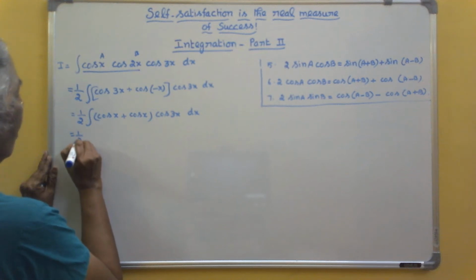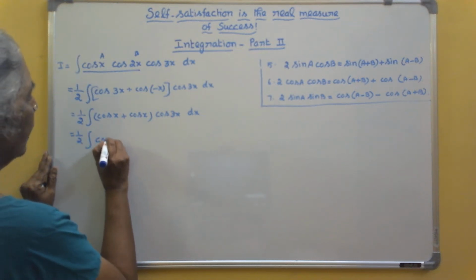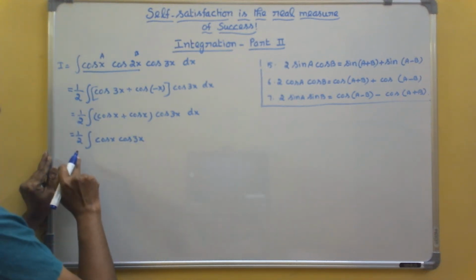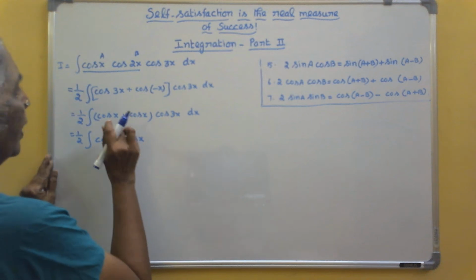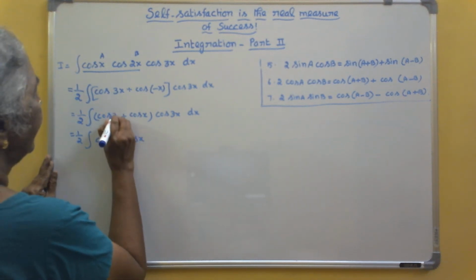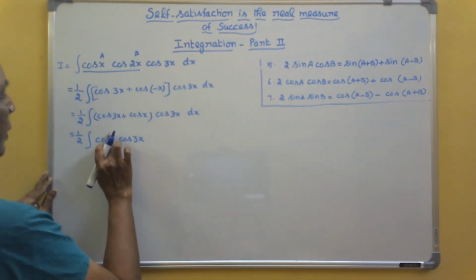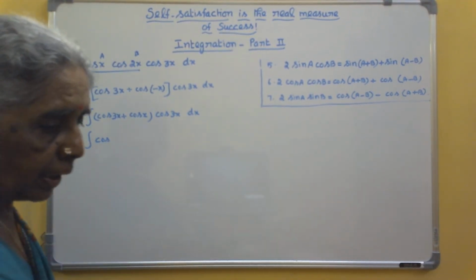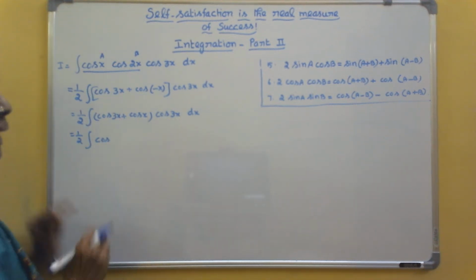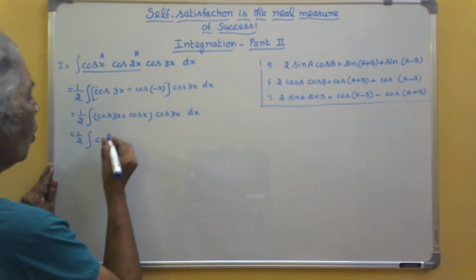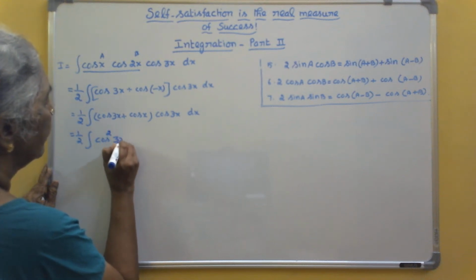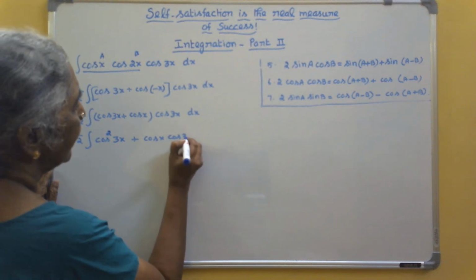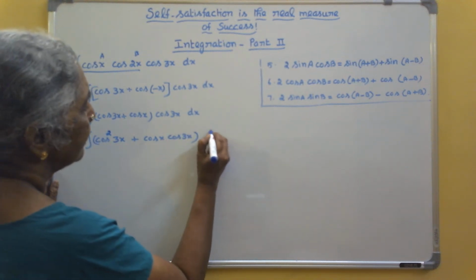So I will get half integral cos 3x into cos 3x, so I will get cos squared 3x, then plus cos x cos 3x dx.